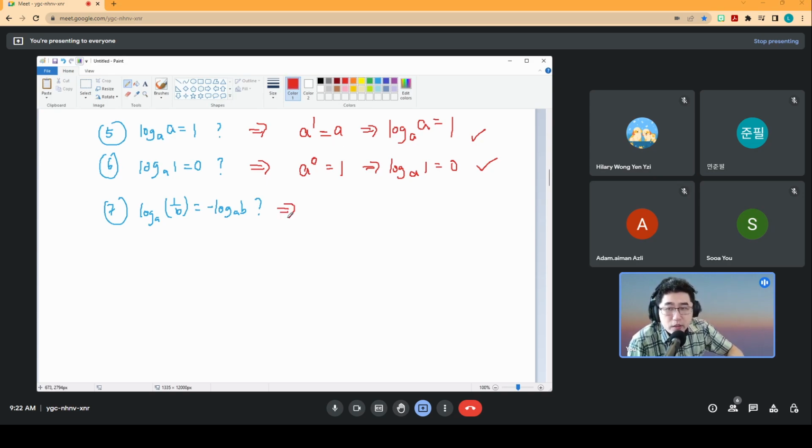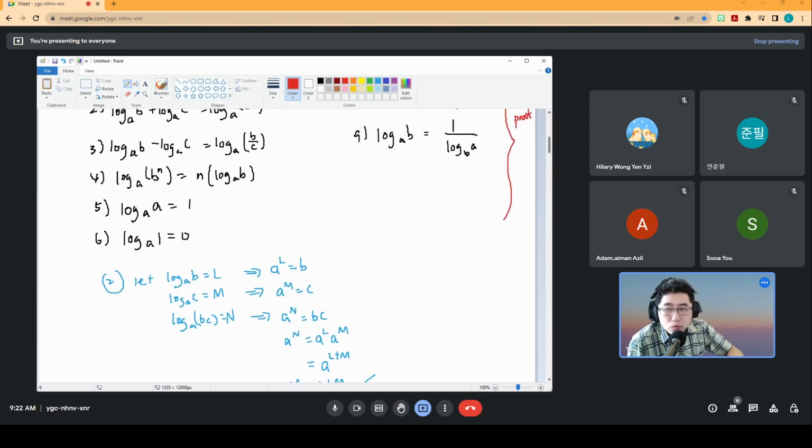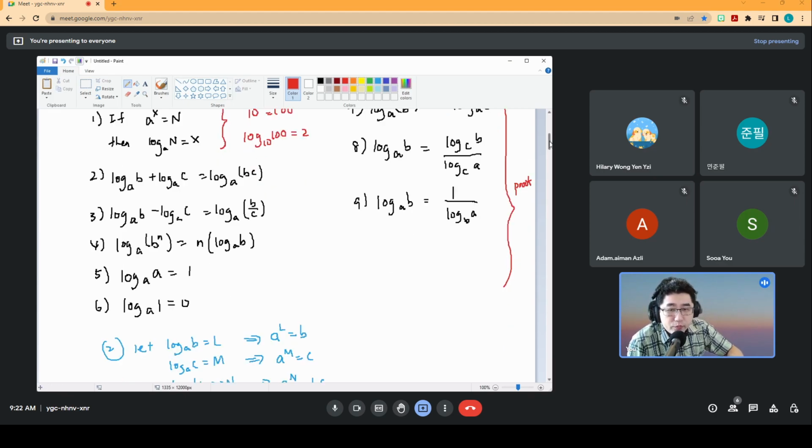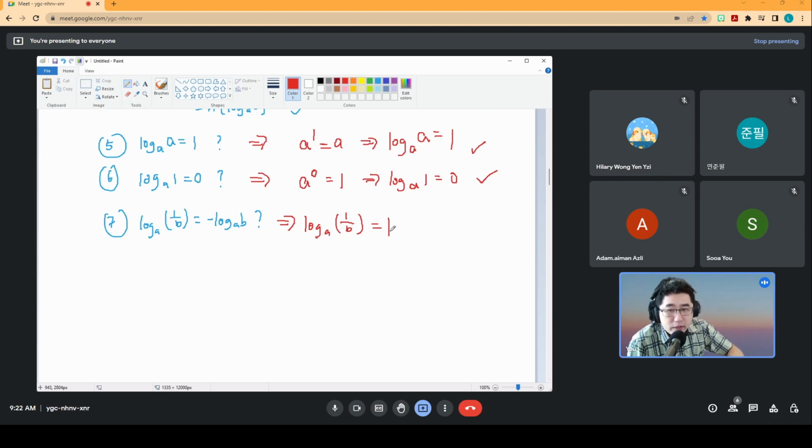According to rule 3, divide can be written in the form of minus. So I can write log_a 1 minus log_a b. From rule 6, log_a 1 is 0. So 0 minus log_a b. Therefore, you have negative log_a b. Are you okay?